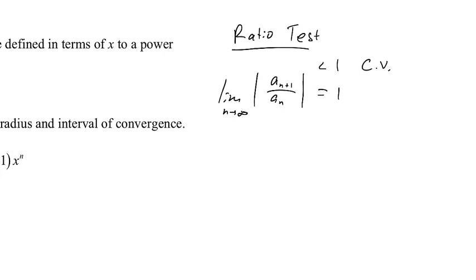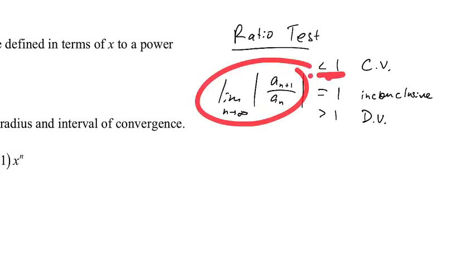If it is equal to 1, then it is inconclusive. And if it is greater than 1, then I diverge, right? The nice thing about this is that if the absolute value of this limit is less than 1, this can work for any series. Any of our power series can be geometric, but it doesn't have to be. So this ratio test is all powerful.